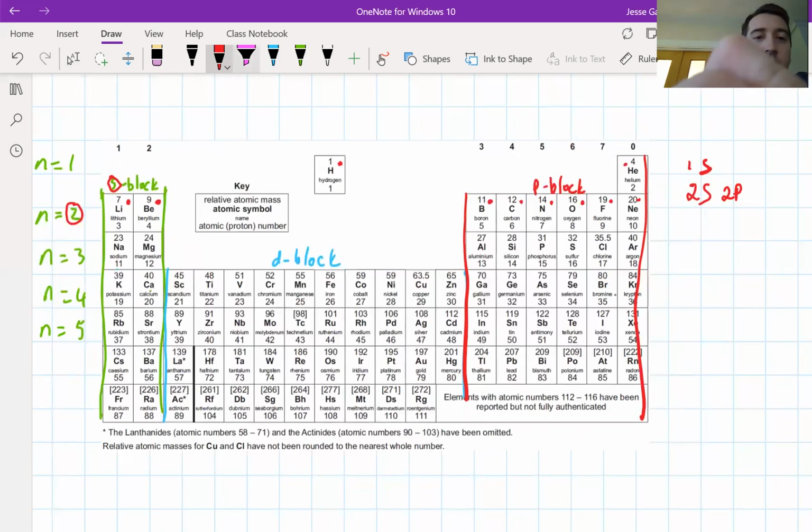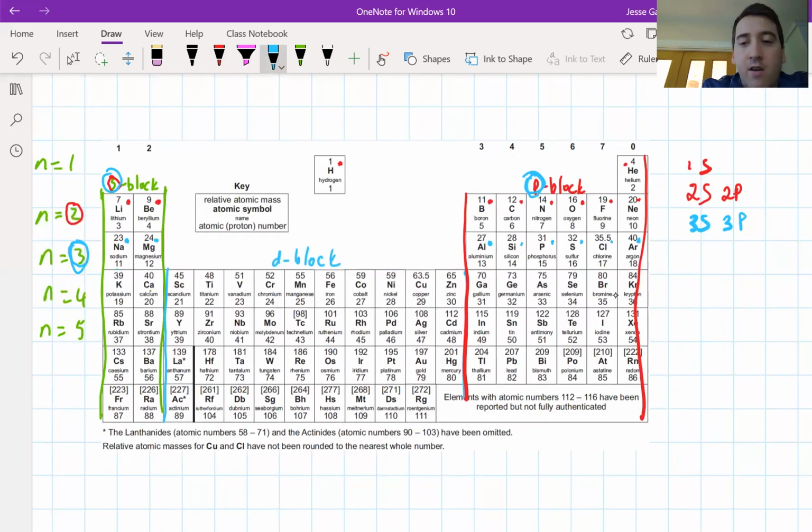After that, where do we go then? We go to the next line, the 3s, because this is the third energy level, and this is the S block. So 3s. We then skip across here. Aluminium is next, and silicon, and all of them have electrons in the 3p. Sorry, it's n equals 3, and it's the P block. So 3p.